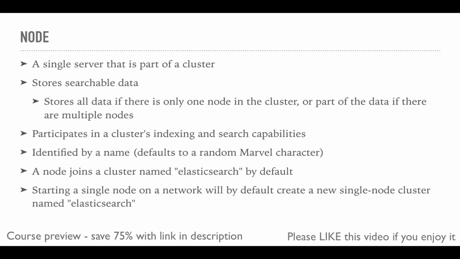Nodes participate in a cluster's indexing and search capabilities, meaning that when operations are performed on the cluster, nodes collaborate on completing requests. Just as with a cluster, nodes are also identified by names, the default being a random Marvel character. By default, a node will join a cluster named Elasticsearch unless configured otherwise. Starting a single node on a network will create a single node cluster named Elasticsearch by default.